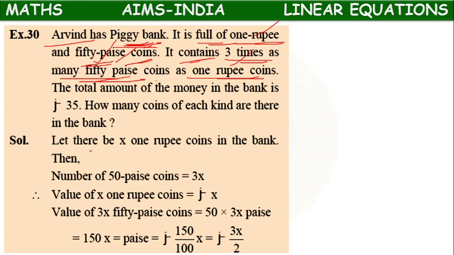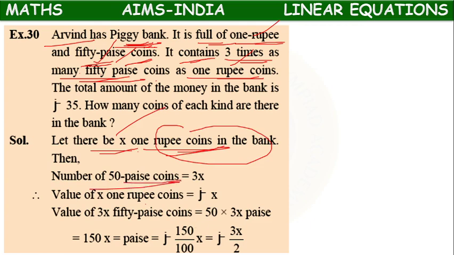So we can take there be x 1 rupee coins, so we take 1 rupee coins as x for solving the problem. Then 50 paise coins are 3 times of 1 rupee coins, so 3x we can write.